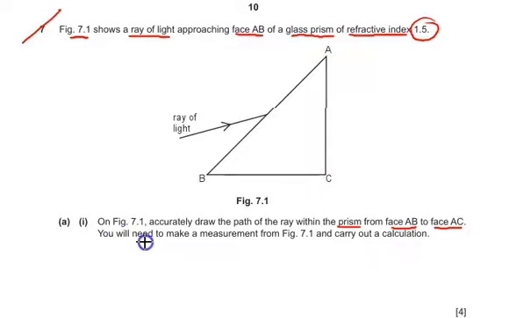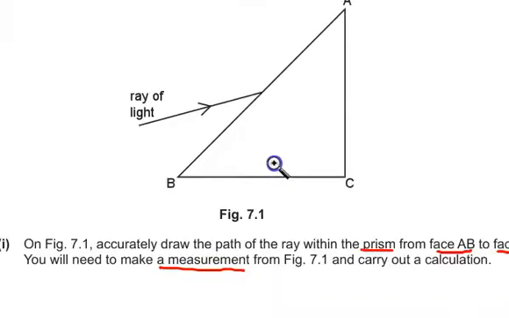You will need to make a measurement from figure 7.1 and carry out a calculation. So here we need to enlarge AB to AC.